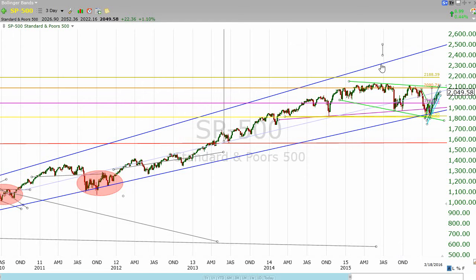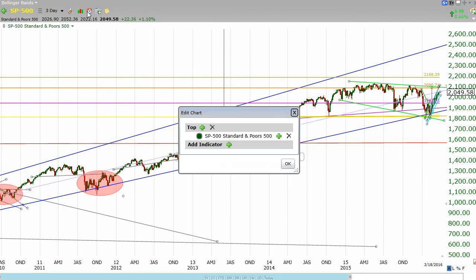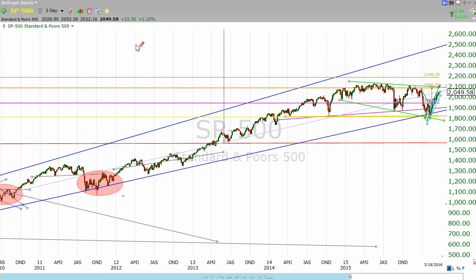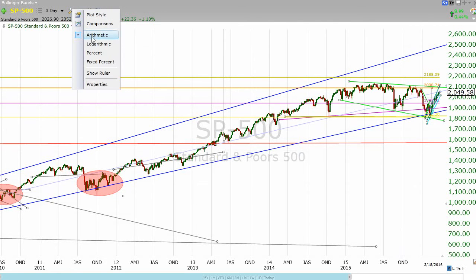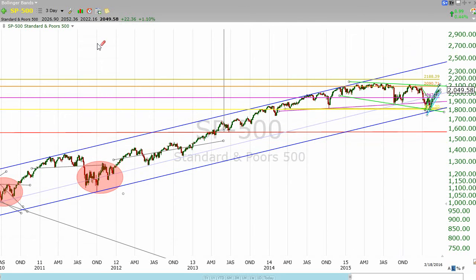So you see, I believe people buy and sell not based upon the actual dollar amount, but I think that profit motives kick in as a function of the percent of gain. So there's arithmetic, there's logarithmic.